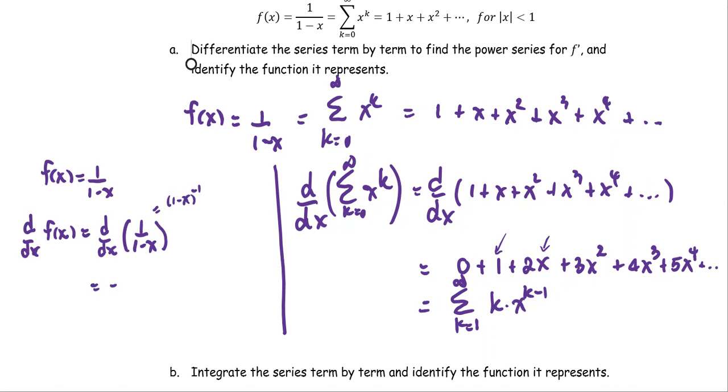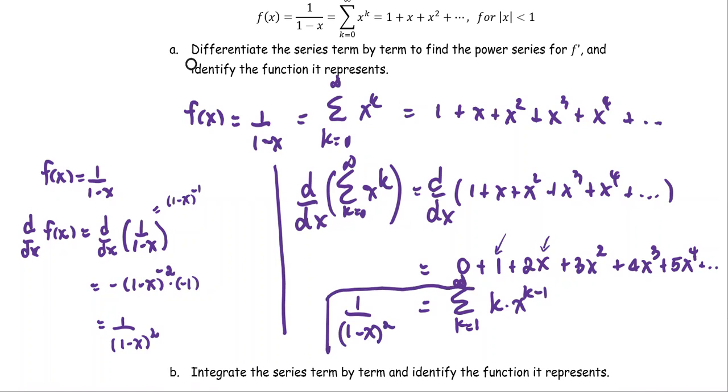The derivative becomes negative 1 multiplied by 1 minus x to the power negative second multiplied by negative 1, simplified to be 1 over the quantity 1 minus x squared. That gives us the function 1 over 1 minus x squared, whose power series form is the summation of k times x to the power k minus 1 for k starting from 1 to infinity.